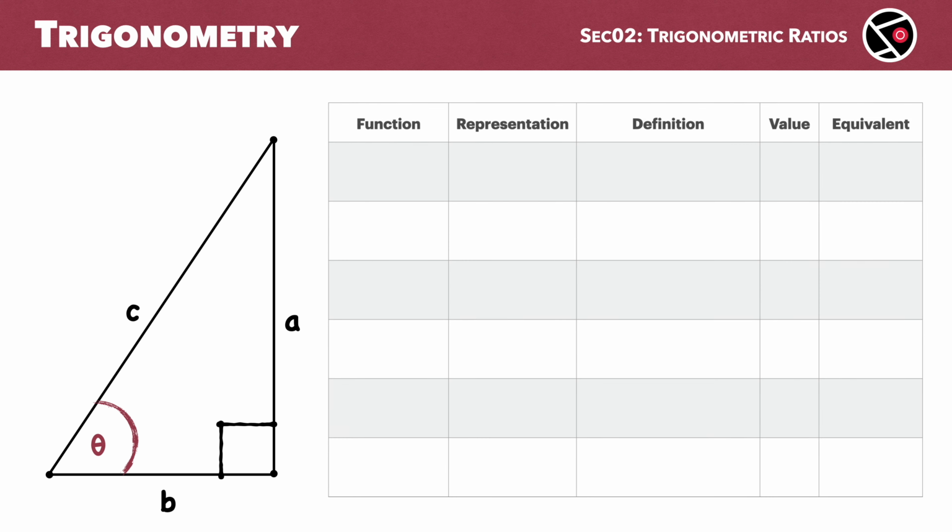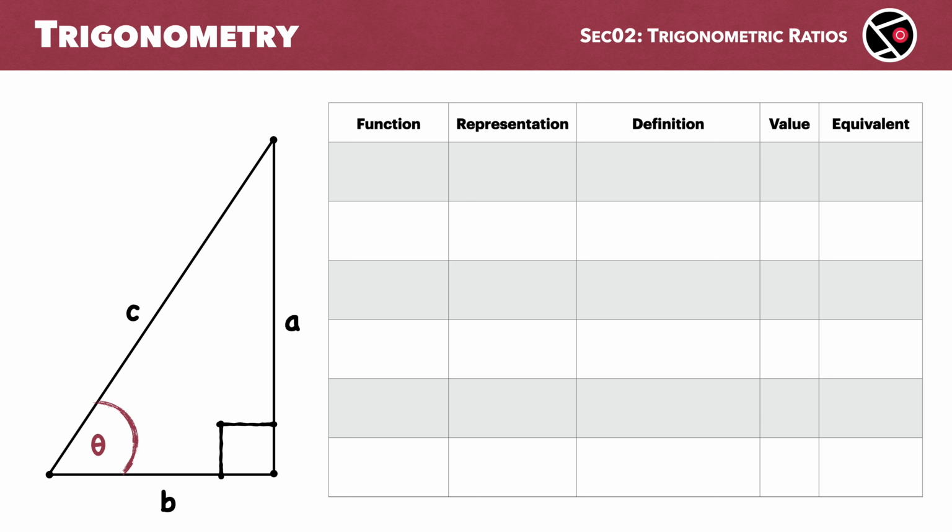Now let's dive a little deeper into trigonometry. Trigonometry is simply the study of the ratios between the sides of a right angle triangle. For this right angle triangle, trigonometry will give us the ratio of sides A to B, A to C, and all the other possible combinations.